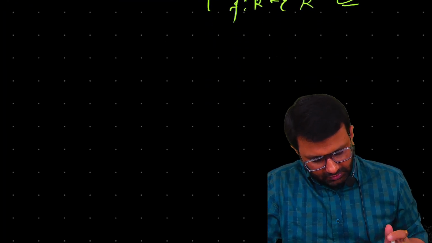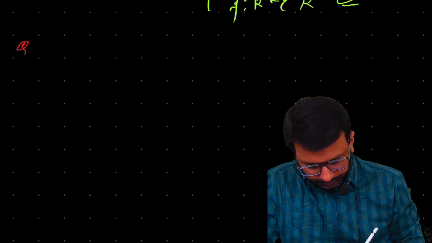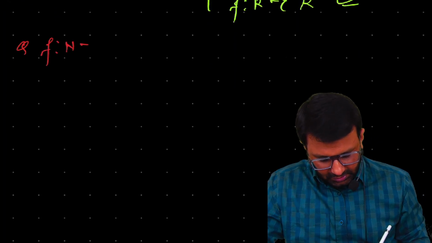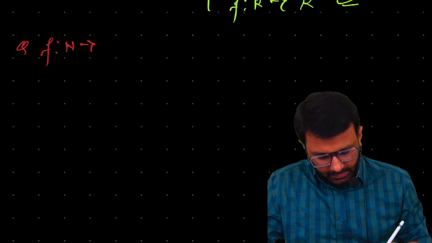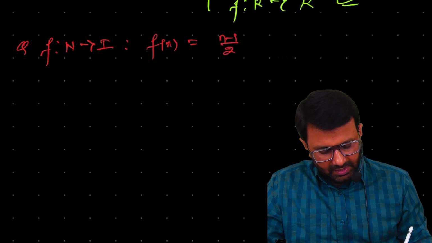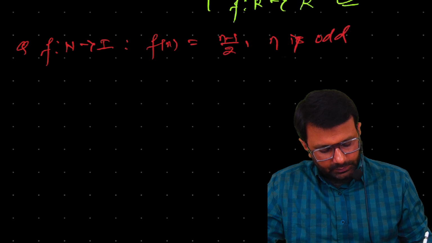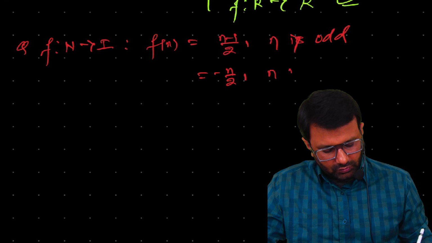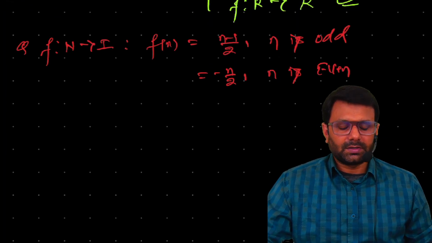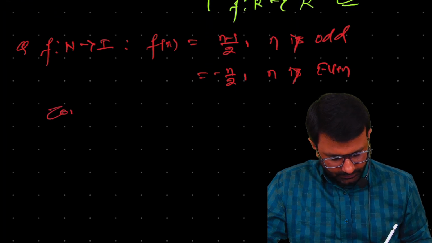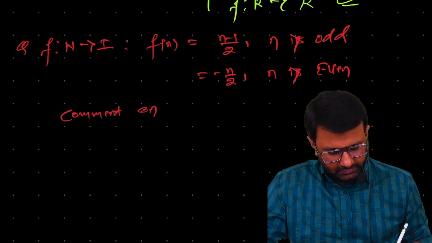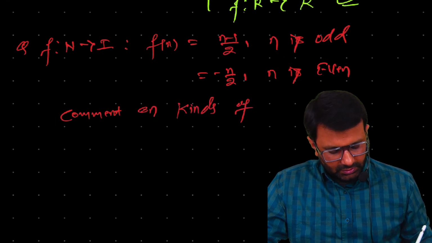Suppose a function is defined from natural numbers to integers such that f(n) is equal to (n minus 1) divided by 2 when n is odd, and equal to minus n by 2 when n is even. Then comment on the kind of function.